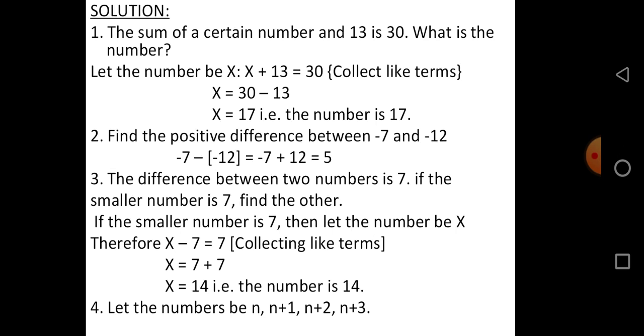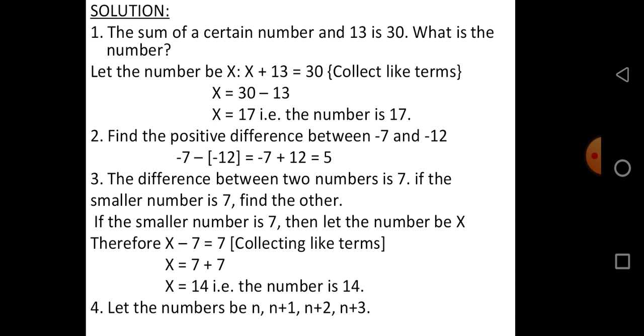The first question says the sum of a certain number and 13 is 30. What is the number? You can see this is a problem that we have to think about. We have words, there's no mathematical expression there, but from these words, since we are dealing with word problems, we should be able to form a mathematical expression.